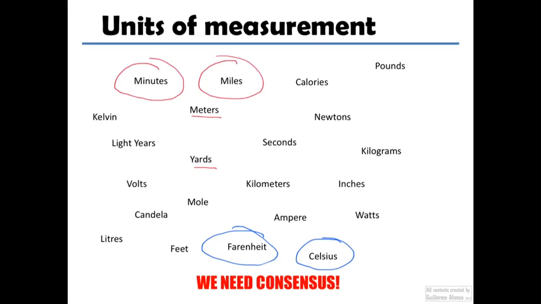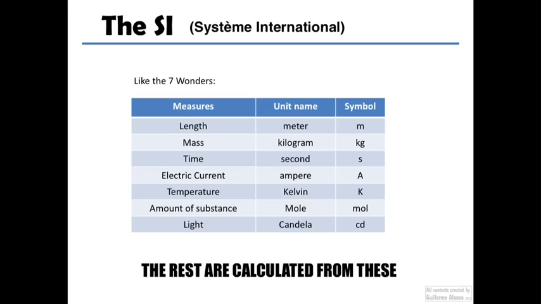Now this standard is the Système International, the SI, or the international system. And just like the seven wonders, there are seven of them, okay? So, for example, for length, you might think, well, we can have yards and meters and kilometers. The main one is going to be the meter and the rest are going to be derived, okay? That's a very important thing to realize, because you might think, well, what about kilometers?